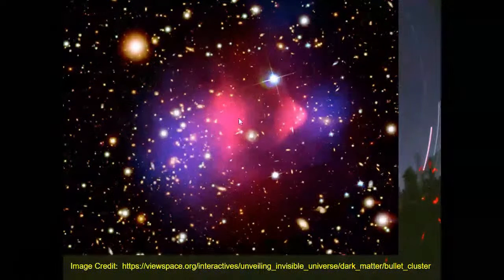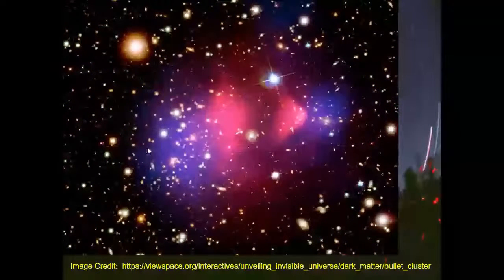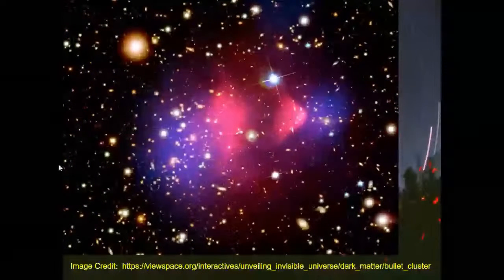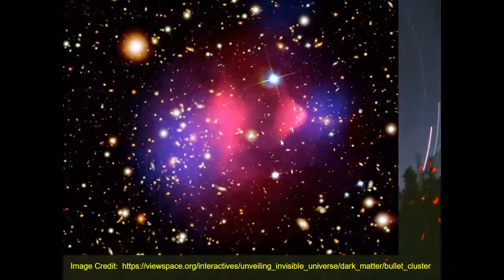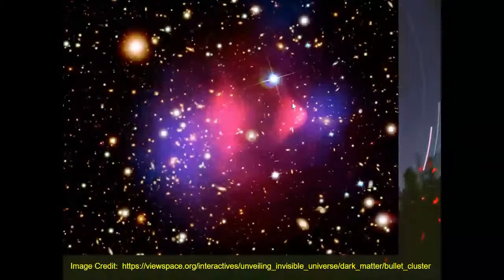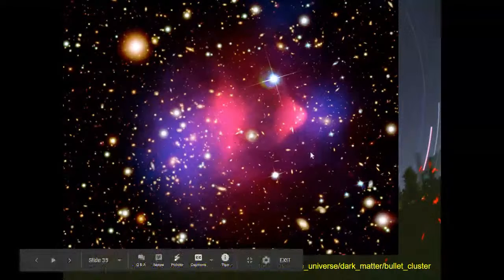Now, this immediately makes it clear that when the two clusters collided and passed through each other, the dark matter went through. You see, the dark matter is found at the extreme region, while the baryonic matter, meaning matter associated with stars and gas, is found in the region between the two clouds of dark matter.